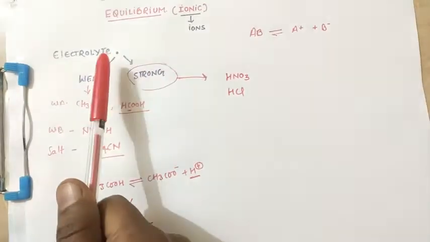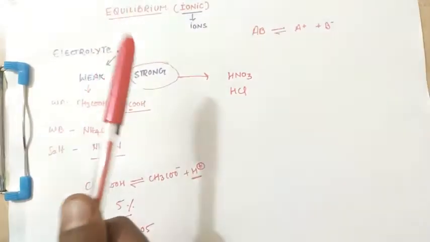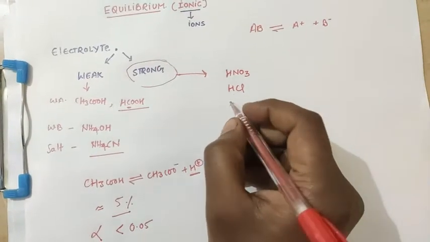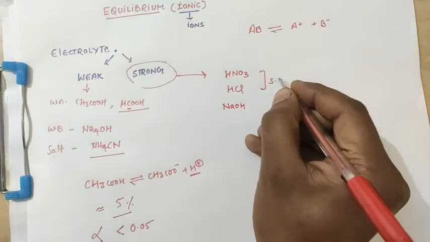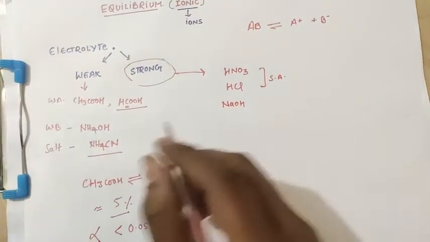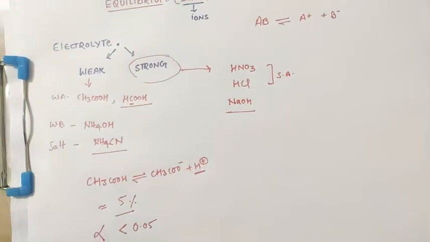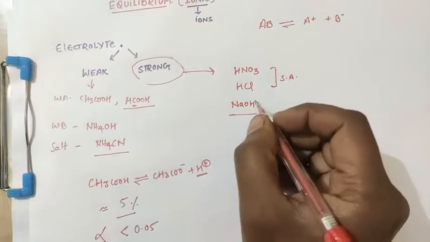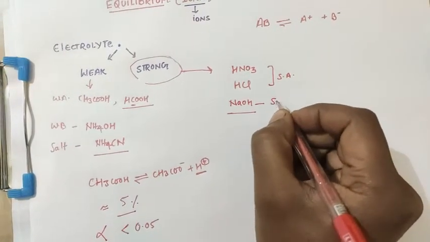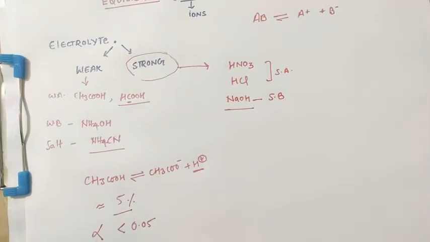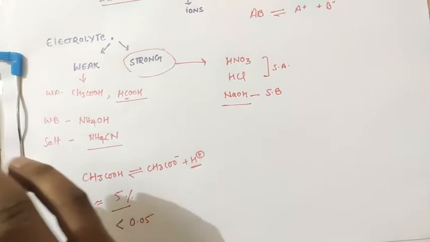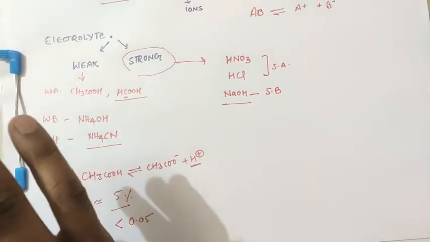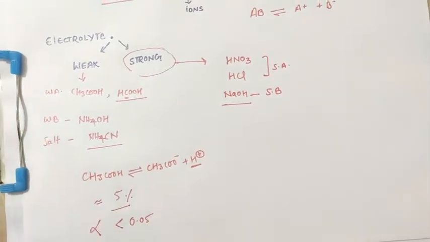These are all strong acids, so they are considered strong electrolytes. Similarly, strong bases. NaOH is a strong base, so it is also considered a strong electrolyte, or KOH, calcium hydroxide. Any oxides or hydroxides of alkali or alkaline earth metals are known as strong bases.